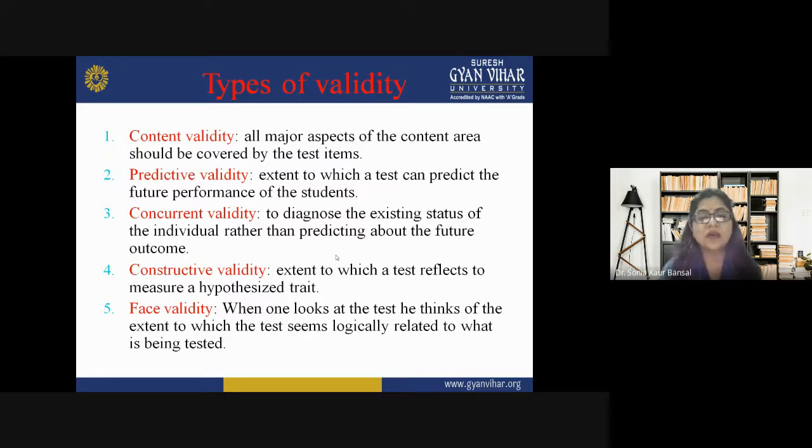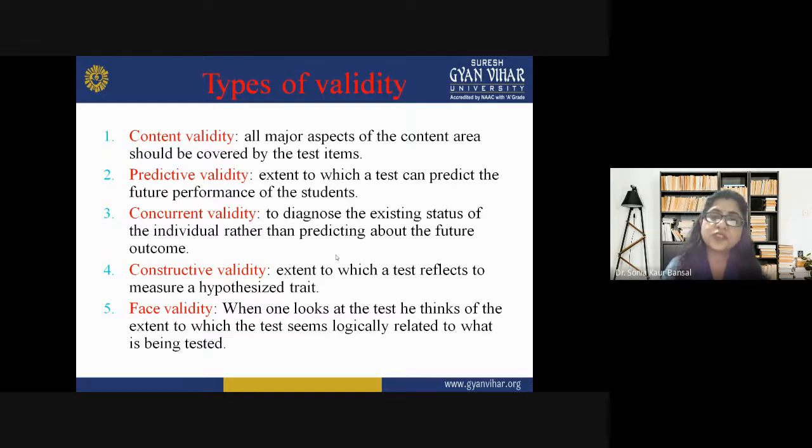The next is construct validity. Construct validity is, students, the extent to which a test reflects or measures a hypothesized trait. We all know that we decide some objectives before starting a research, and accordingly we prepare some research questions also.